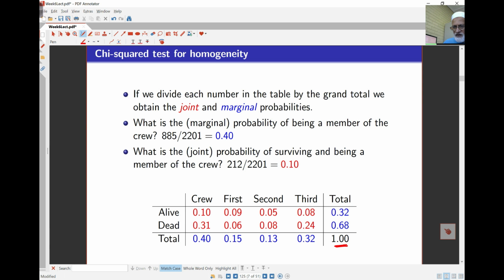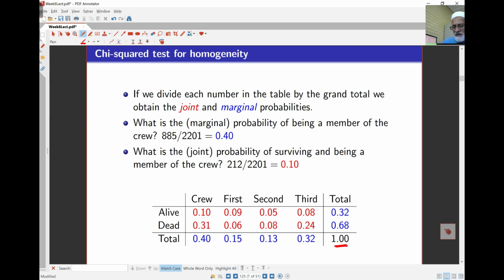The question we're asking here is, well, we essentially call this a joint distribution. So we've got the joint distribution of probabilities for the status of passenger, which is the type of passenger, and whether they are alive or dead here. And the question we're going to ask is, are these two probabilities the same of being alive or dead for each kind of passenger?